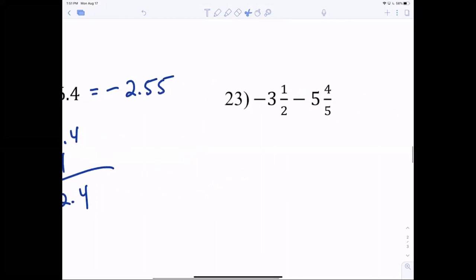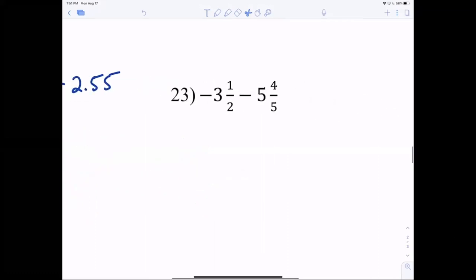Now, for 23, is the answer going to be positive or negative? Negative, right? Are we going to add them or subtract them? Add them, right? So, Kate Mitchell, go. No, we don't want to do that right now.